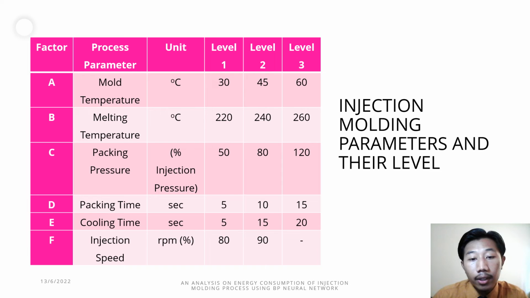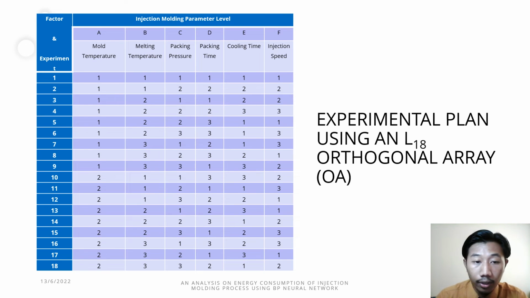So for the first table that we can see in this slide video, injection molding parameter and their levels. So we have 6 factors from A, B, C, D, E, and F. Then we use the mold temperature, melting temperature, packing pressure, packing time, cooling time, and injection speed as the parameters. And then for the second table, for the experimental plan using an L18 orthogonal array.